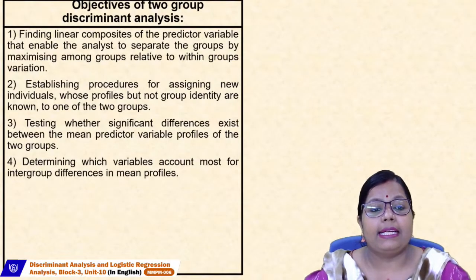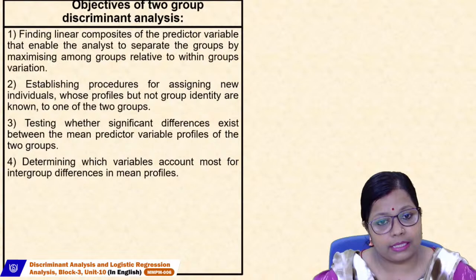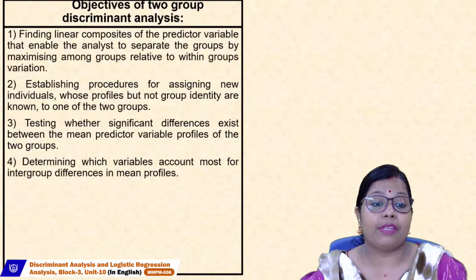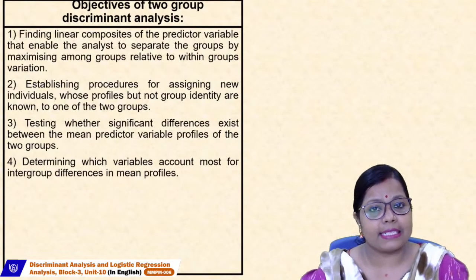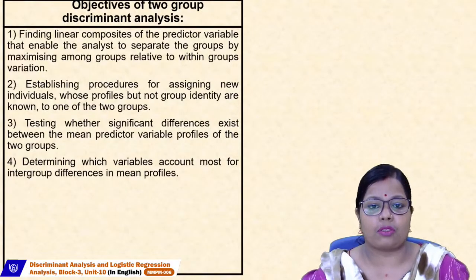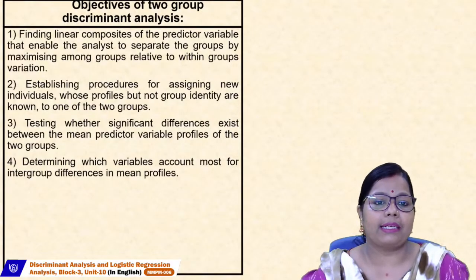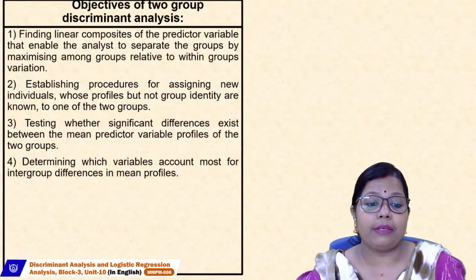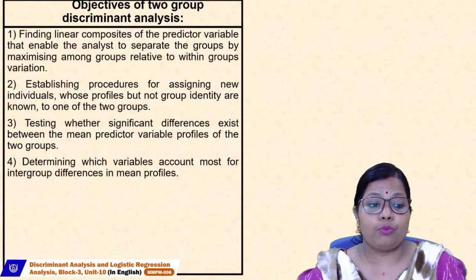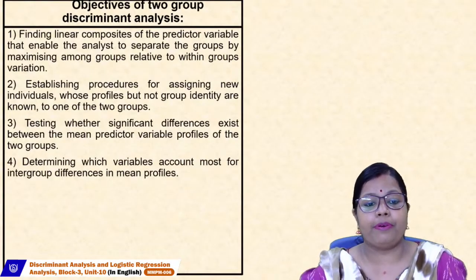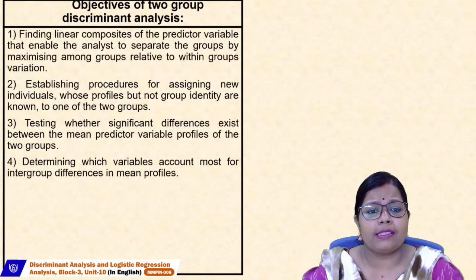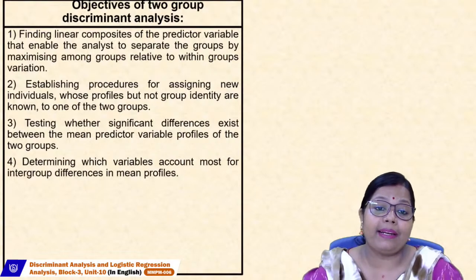The third important objective is testing whether significant differences exist between the mean predictor variable profiles of the two groups, which is important in marketing research. And the fourth, last but not least, is determining which variables account most for intergroup differences in mean profiles. The profiles are known, but group identity is not.